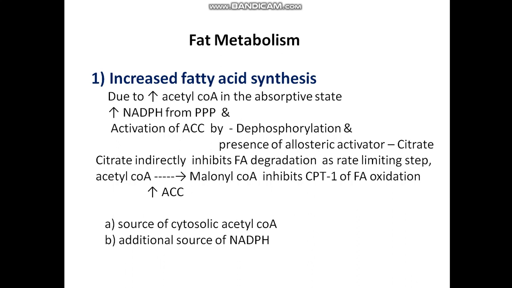This citrate leaves mitochondria, enters the cytosol, and is cleaved by ATP citrate lyase, induced by insulin, and broken down to acetyl coenzyme A and oxaloacetate. In that way, we get cytosolic acetyl coenzyme A.